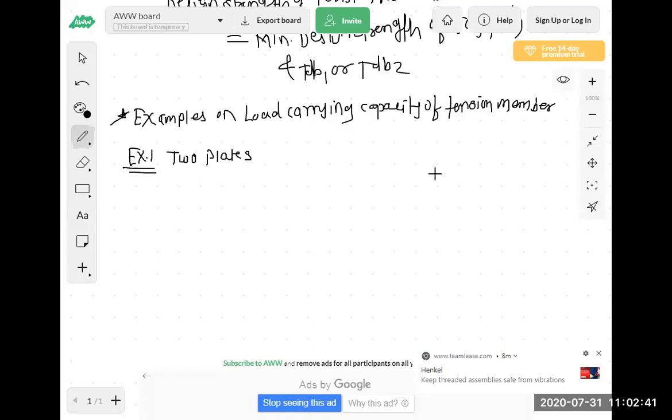It is nothing but how much strength that member can carry. Strength and stress are different. Stress is in Newton per mm square, but load is in kilonewton, kg or Newton. So we are calculating load here. Design strength is in kilonewton, so how much load in kilonewton or kg or Newton we can calculate. That is, strength and load are similar words.